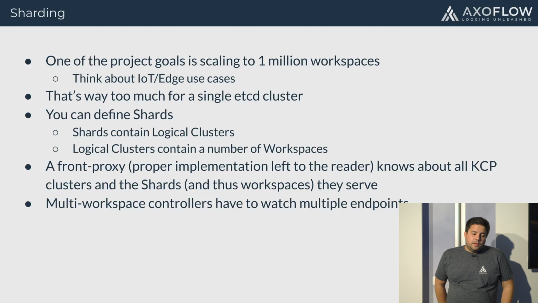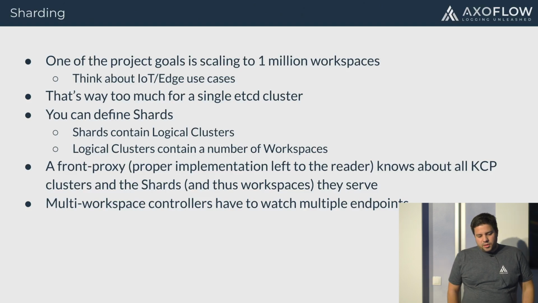So they came up with the concept of shards and some other resources where the shard describes basically a set of things they call logical clusters, whatever that means. And in those logical clusters, you can have workspaces.